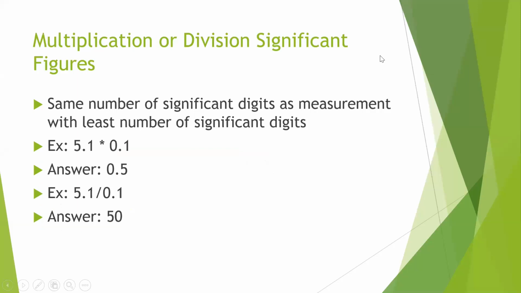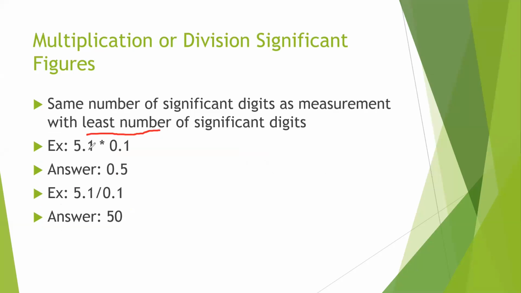So now we're going to learn how to multiply or divide. Frequently in chemistry, we're going to have to do lots of calculations, and we want to be able to keep the right number of sig figs. So for the rule of multiplication or division, you report your answer in the same number of sig figs as the measurement with the least number of significant figures.